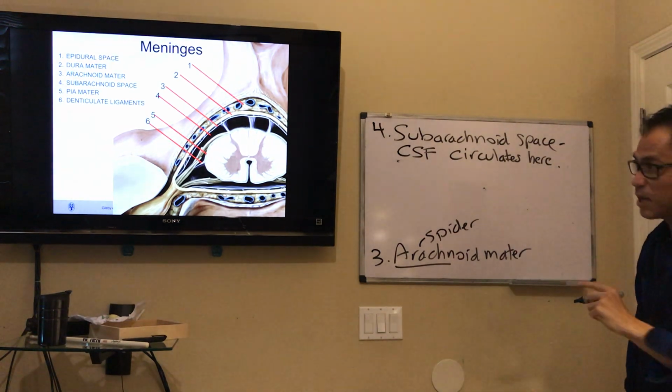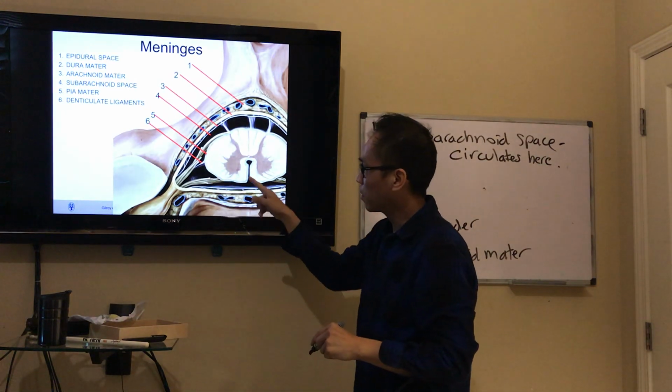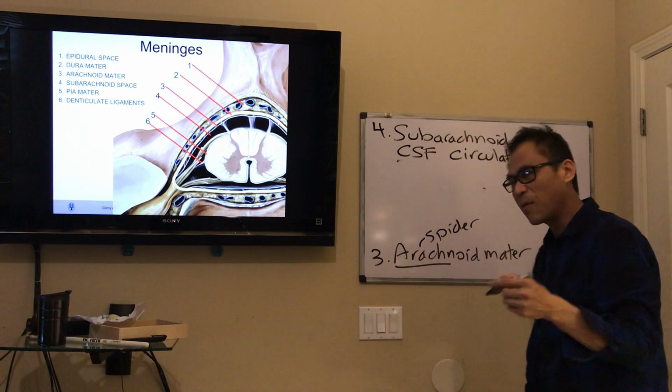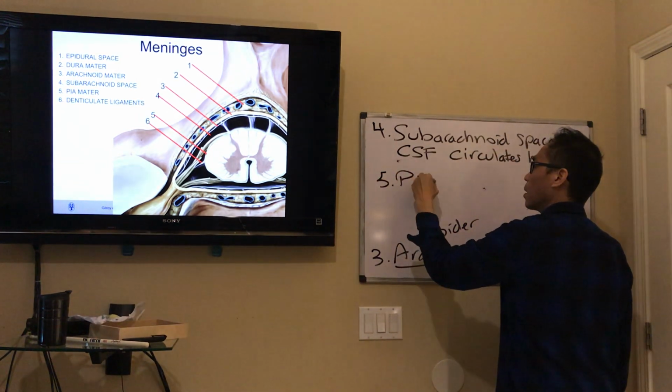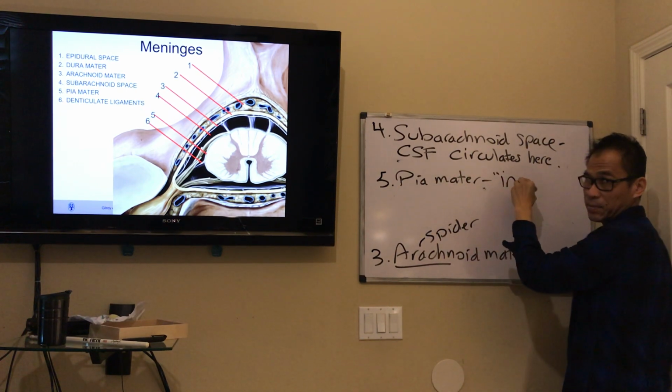Number 5, pia mater. It's right on, covering the neural tissue. It means intimate mother. Pia mater, intimate mother.